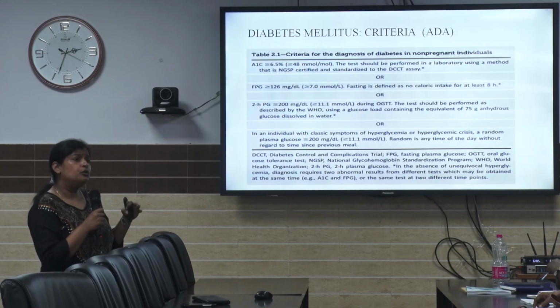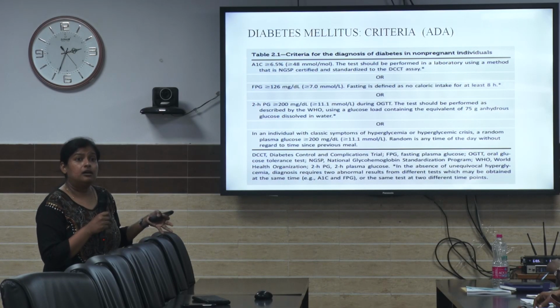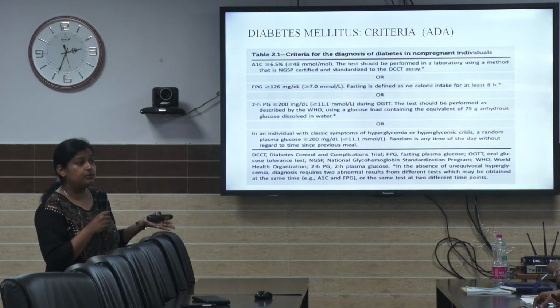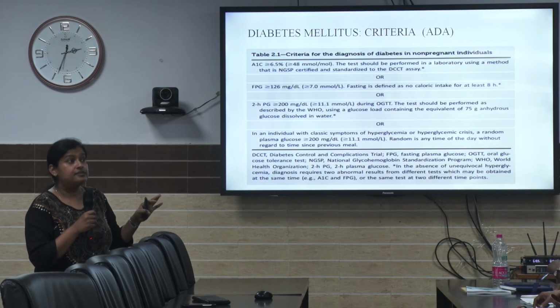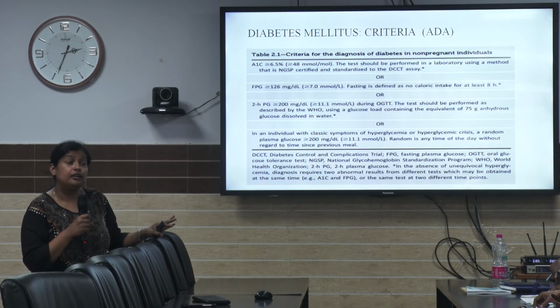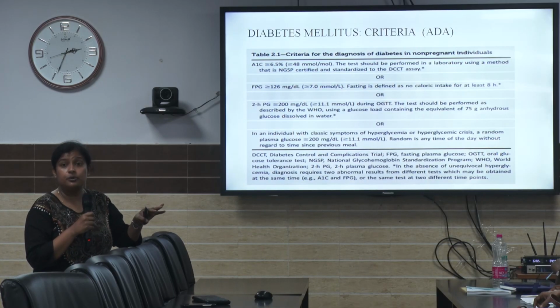And do we always need a fasting blood sugar value, or do you always want an HbA1c value? Now that is the question. For example, if somebody comes into an emergency room in coma, do you want to wait to diagnose diabetes? No. If somebody is having a random blood sugar value more than 200 and has landed with any complication, for example a diabetic coma, diabetic ketoacidosis, or a hyperosmolar coma, then you need not wait for an HbA1c or a fasting blood sugar level.